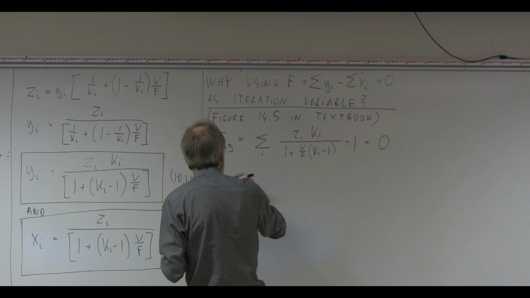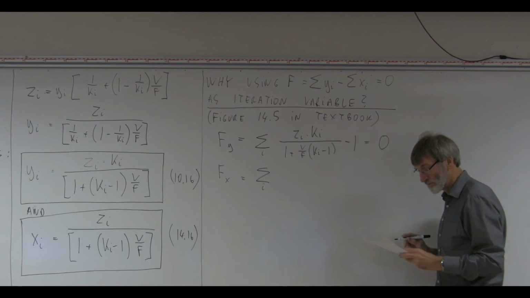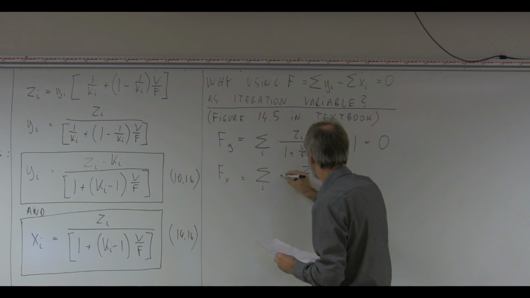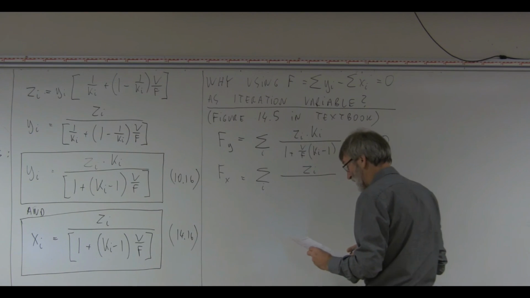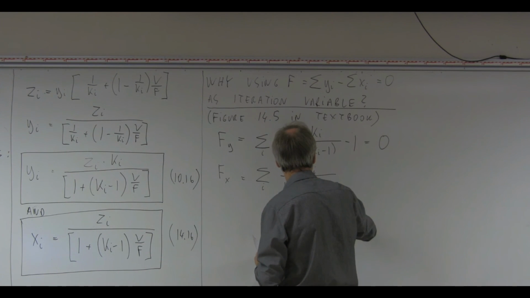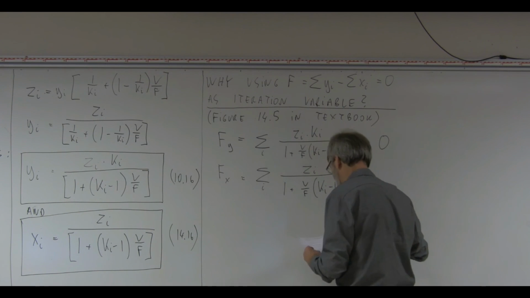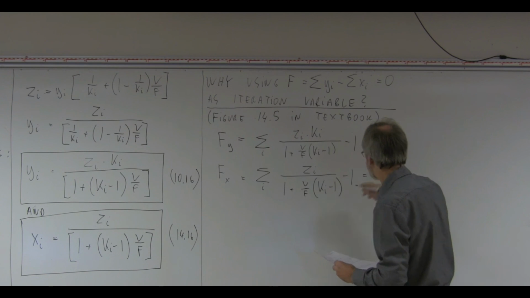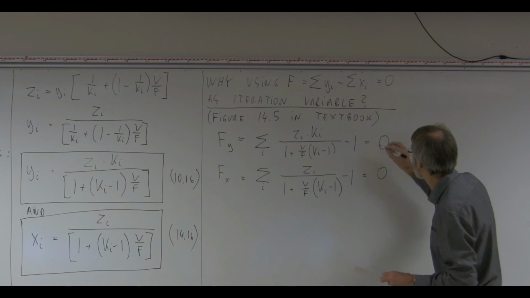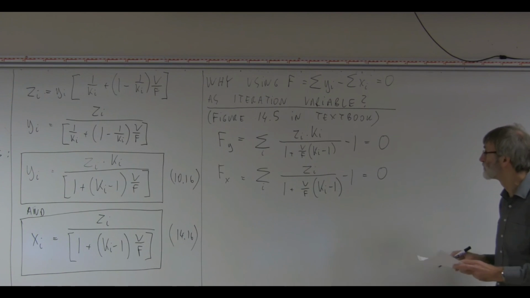And similarly, we can put up an equation for the sum of all the x's, which in this case is expressed by 14.16. And since that sum should be 1, we can subtract 1 and say that that should be equal to 0.